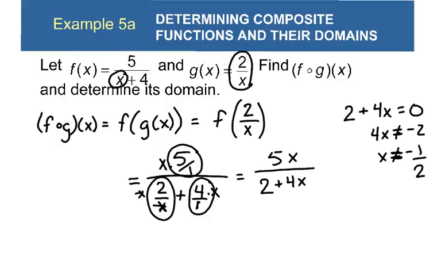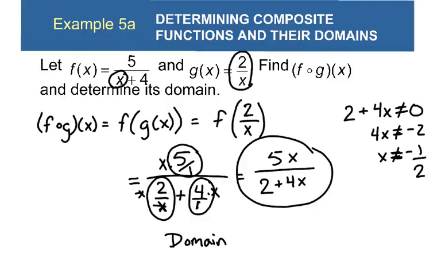We do not want our x value to equal -1/2, because otherwise we would have 0 in the denominator. And there we have found our domain for this f of g function.